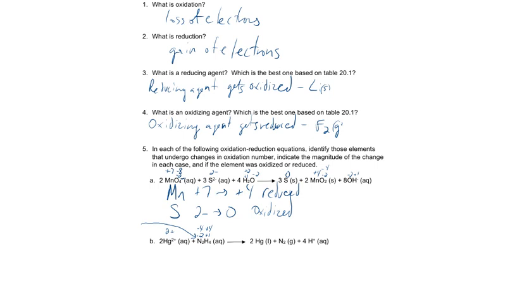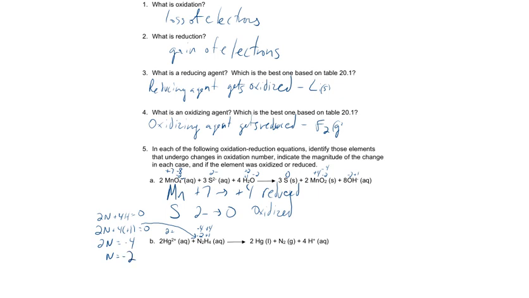If you have N2H4, that's 2 N's plus 4 H's equals the overall charge. This one happens to be neutral, so it's 0. And we know that hydrogen is going to be +1. So 2N + 4 equals 0, 2N equals -4, so N equals -2. It works out the same way.